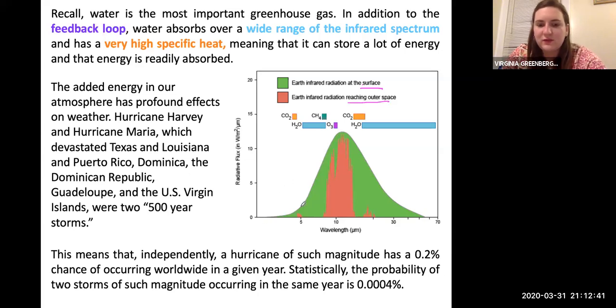And so really where you're seeing the green is telling us about radiation that gets absorbed by the Earth. And the red is showing us what's able to escape. But when I say by the Earth, I mean by the Earth and its atmosphere.